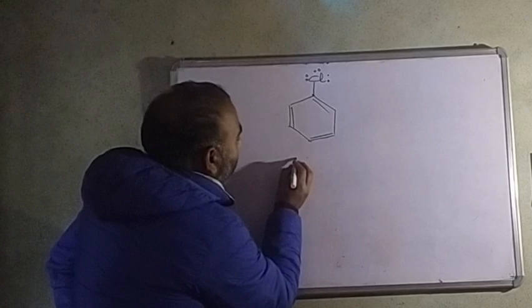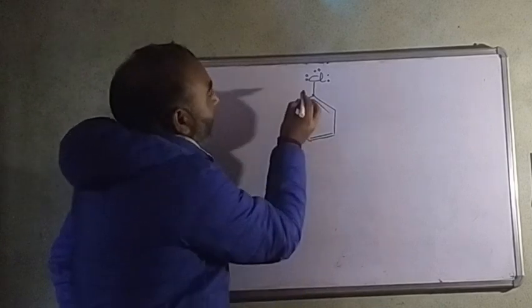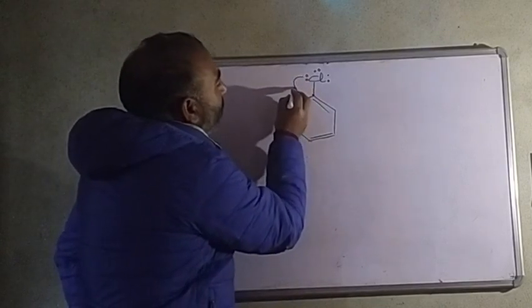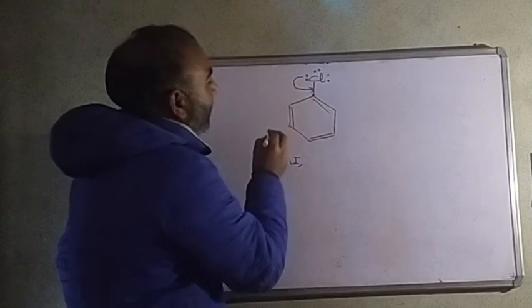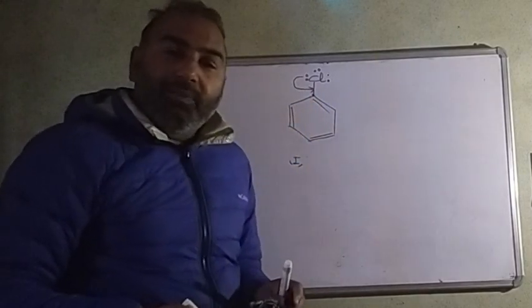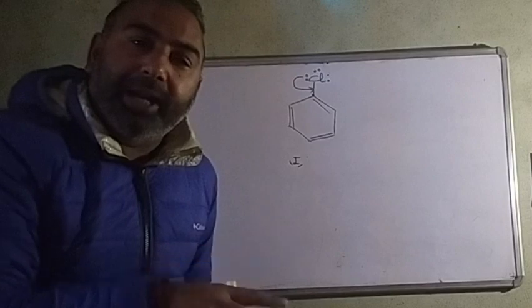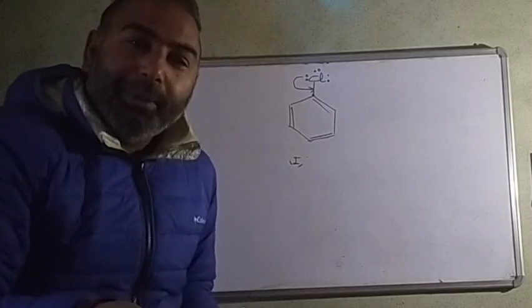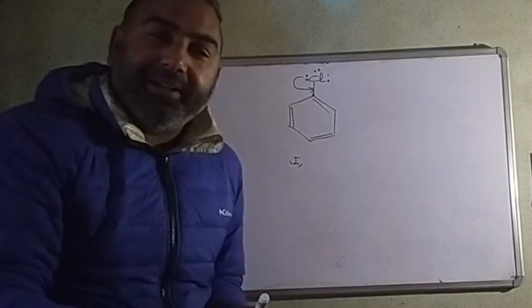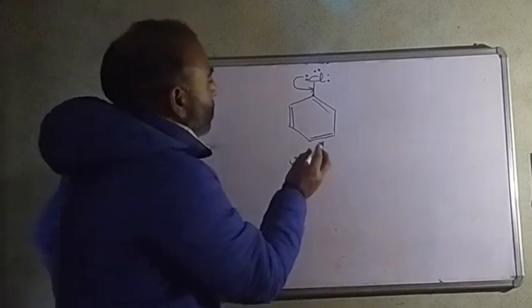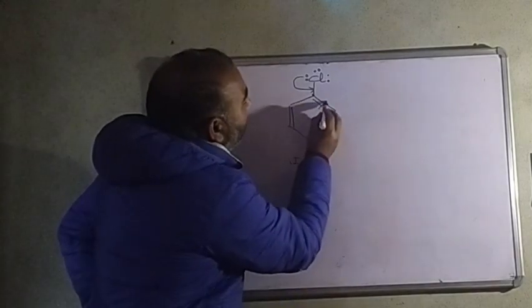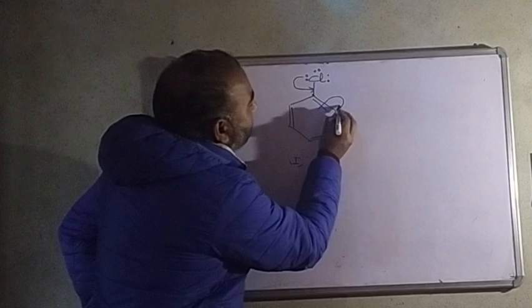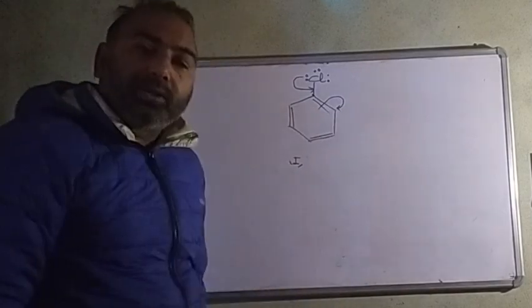See how? First structure. Second, this pi bond will move towards carbon like this. It will form a double bond between chlorine and carbon. But carbon will become pentavalent. That is not possible. So the pi bond will be pushed towards this carbon, called the ortho carbon.